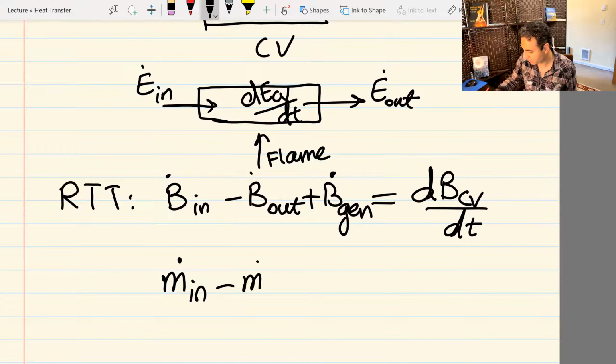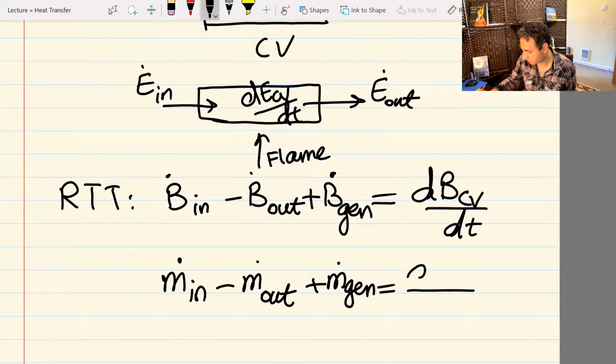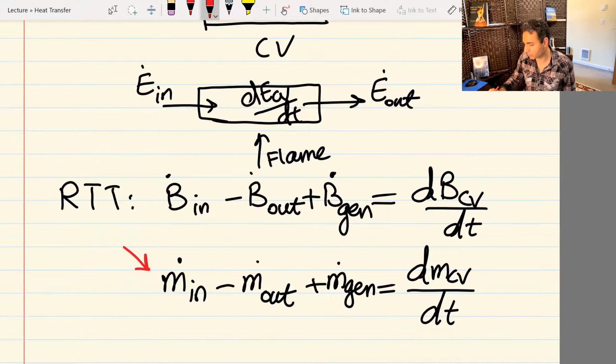M dot in minus M dot out plus M dot gen equals dm of control volume over dt. Imagine we're talking about a classroom. M, let's say mass, represents the number of students.